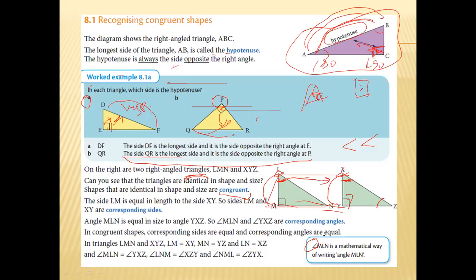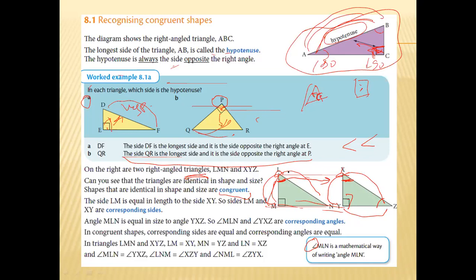Yes. In the first triangle LMN and the second triangle XYZ, LM is equal to XY. We are repeating, ML is equal to XY. MN is equal to YZ. This side, adjacent side. And the others, LN, the hypotenuse of the first triangle is LN, and the hypotenuse of the second triangle is XZ.